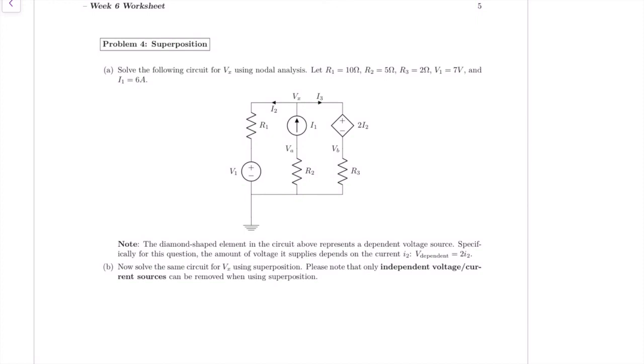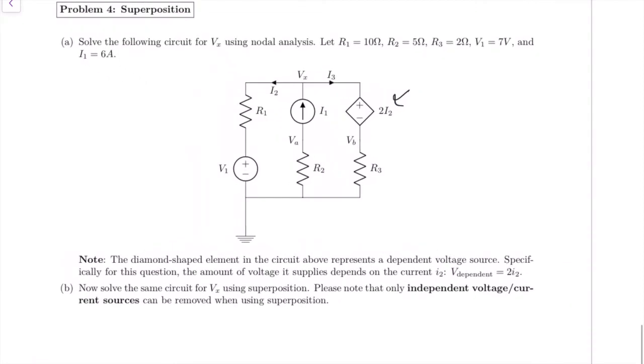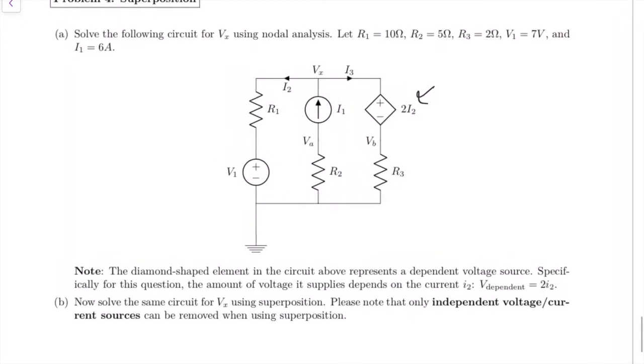So there's one more concept in here that we have to talk about first, which is this dependent source. And a dependent source is pretty much just like a regular source, but its value depends on some other value that isn't fixed at first. And so in this case, this is a dependent voltage source represented by this diamond, whose voltage is always going to be 2I2.